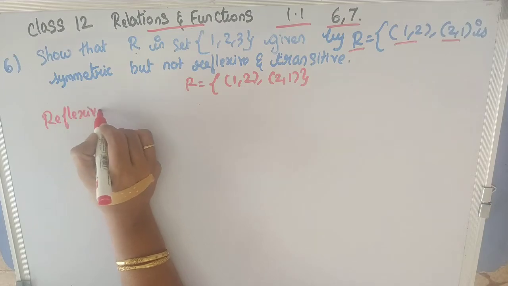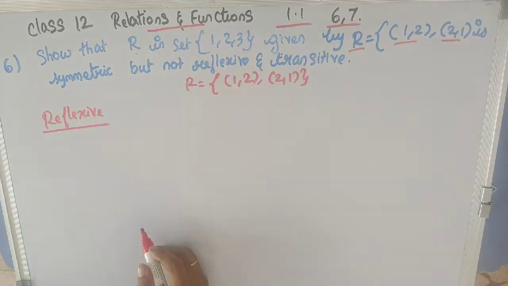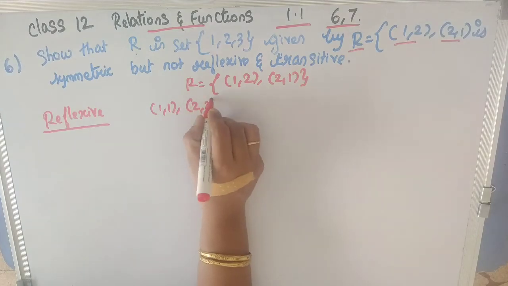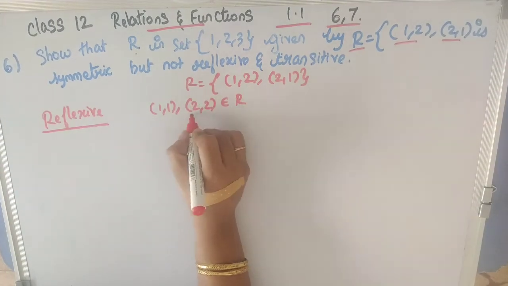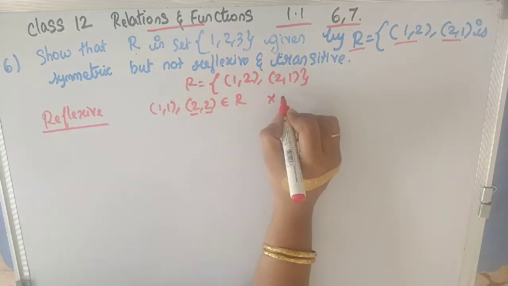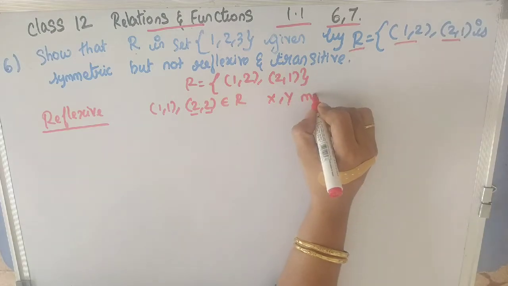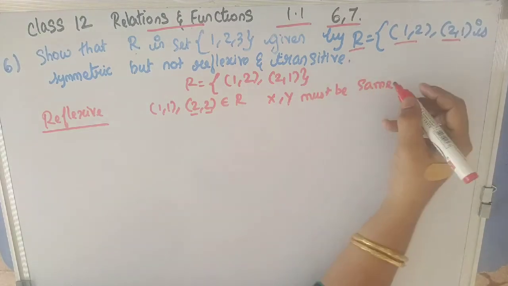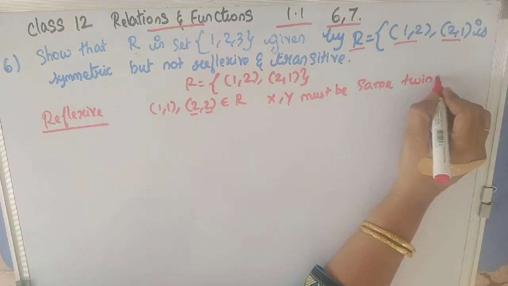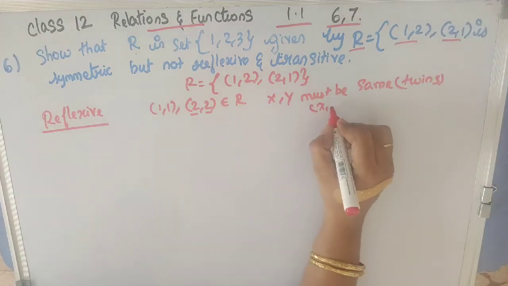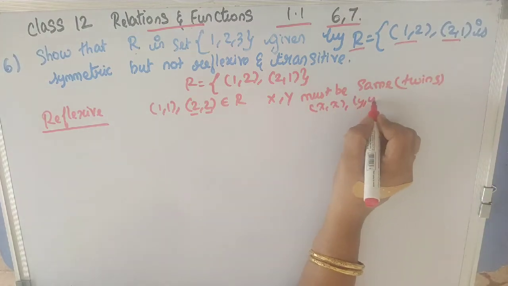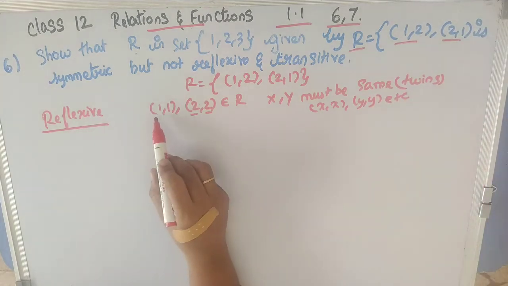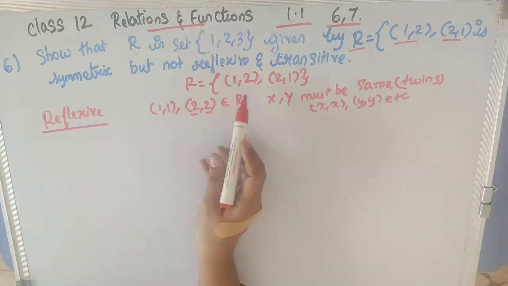Now let's check whether it is reflexive or not. What is a reflexive relation? Elements like (1, 1), (2, 2) must be elements of R. That is, in the ordered pairs, both X and Y must be the same, like twins, like (X, X), (Y, Y), etc. Now, in this case, are (1, 1), (2, 2) elements of R?